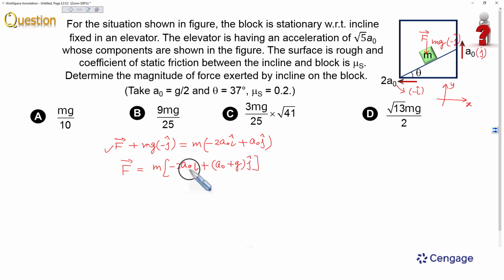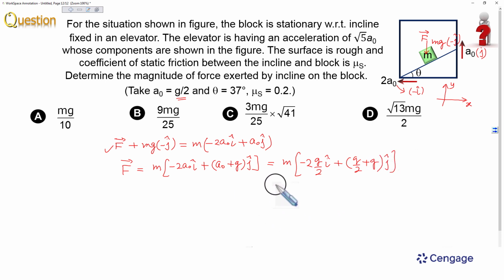Now we know a naught is equal to g by 2, so we can write m multiplied by minus 2 times g by 2 i cap, and a naught is g by 2, so g by 2 plus g, j cap.